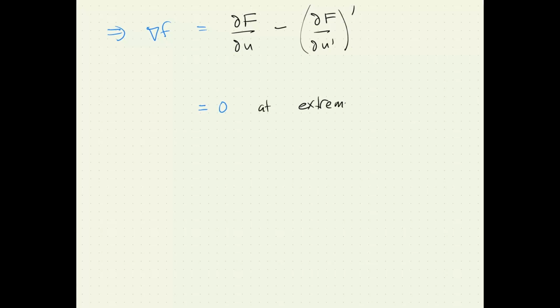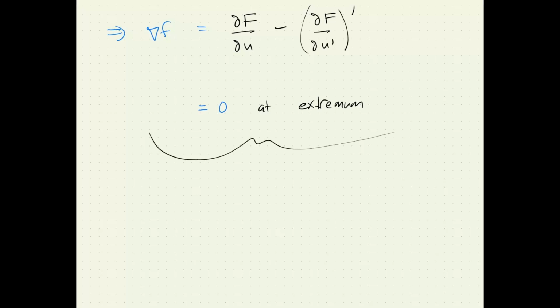So grad f is df du minus d/dx of df du primed. And we set this equal to 0 at an extremum, at a minimum or maximum.